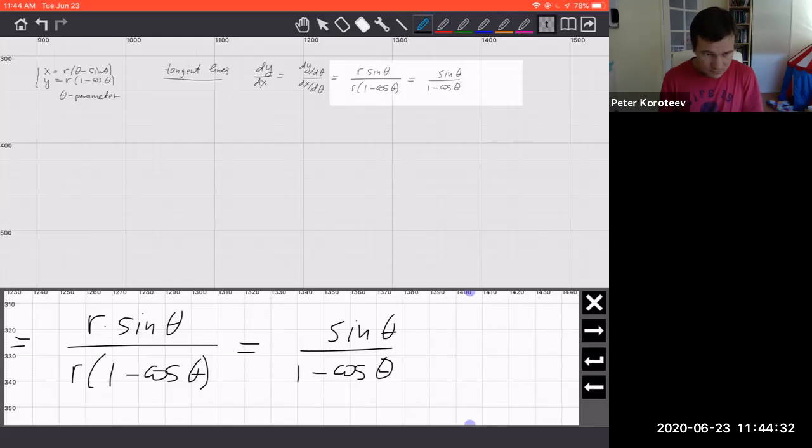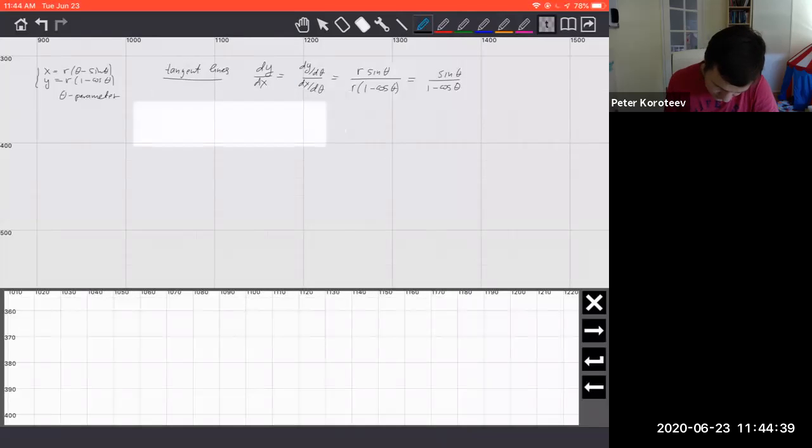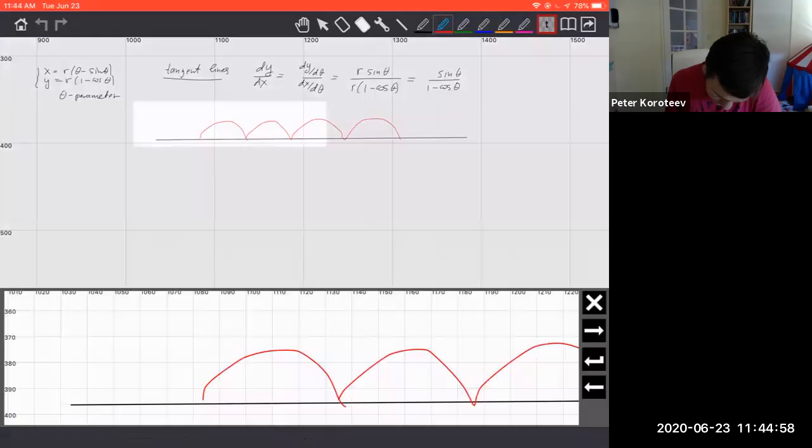Okay, we kind of know how this thing looks, so we can just find it. We expect that there will be maxima and there will be spikes, so the curve is not going to be smooth everywhere. That's how it should look. So we expect to have points where the tangent will be horizontal.